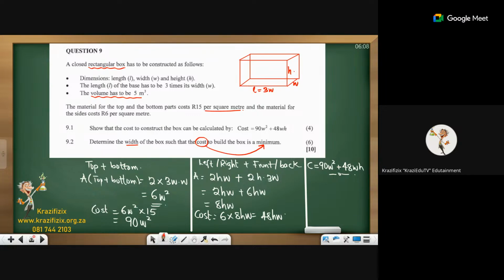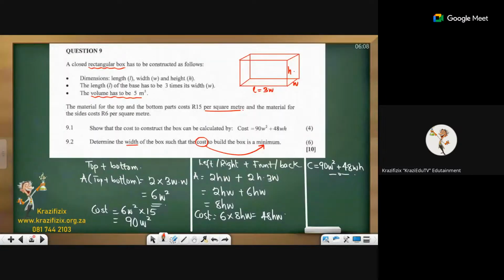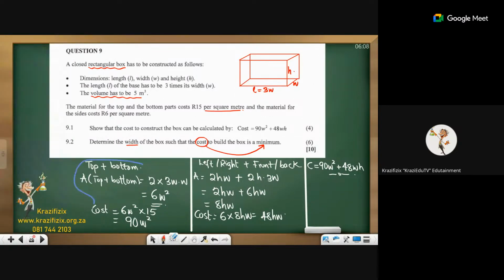Quickly, guys, before you derive, look, we have the formula for the cost, but there are 2 variables in the cost. Don't derive with 2 variables. Please take note. I'm going to write that small note for you. Check the formula first. Don't derive with 2 variables. Let me take that out.